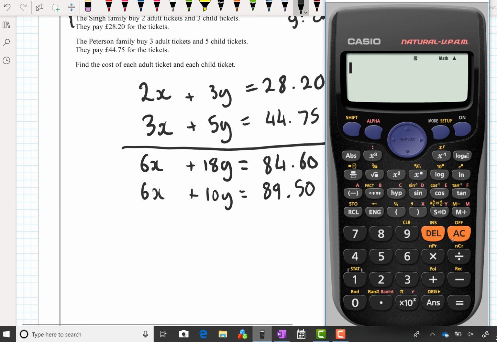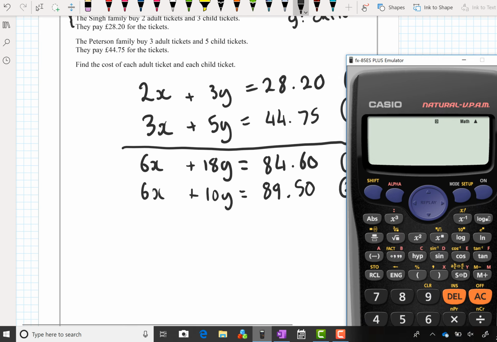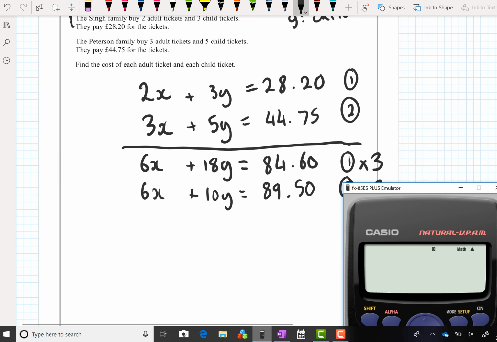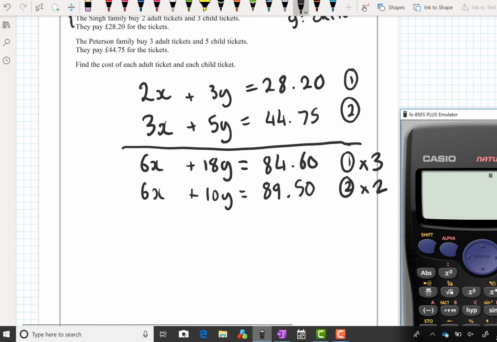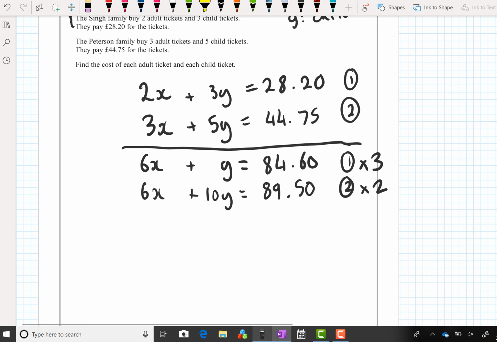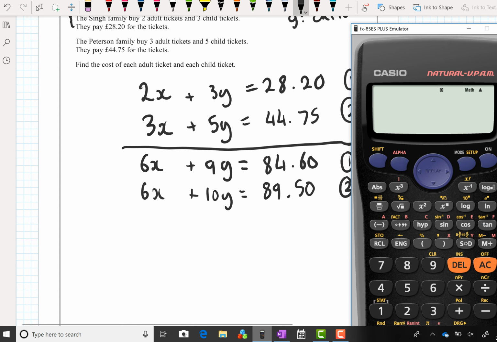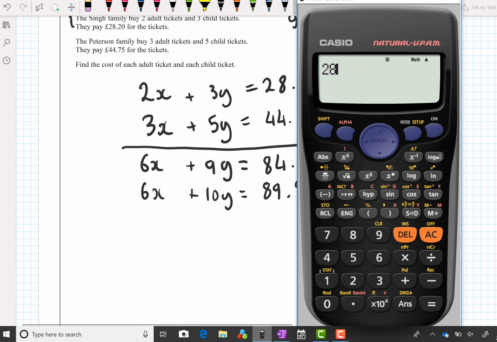Mistakes can happen. Equation 1 times 3. I multiply 3 by 3 and get 18. That is a new one, if I've ever heard of it. 3 times 3 is 9. But did I do £28.20 times 3 successfully? I did, £84.60.